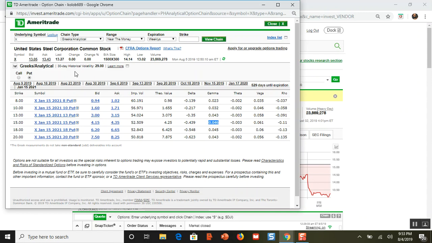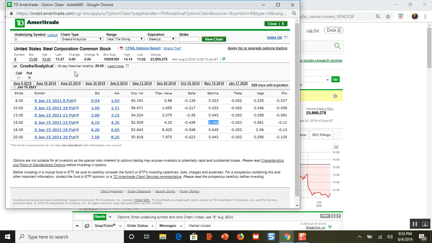Your upper margin is the dollar cost average of your stock plus the money that you spend on the puts. For example, if you buy 100 shares of XYZ stock at $10 a share, and then you buy one $9 put and you spend $150 for it, then your upper limit would be $11.50.